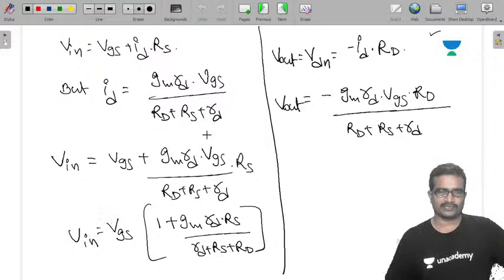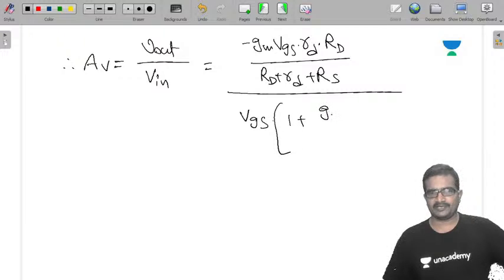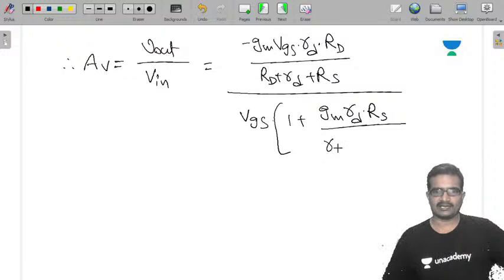Similarly, from this, the input is VGS into 1 plus gm into small rd into RS by small rd plus capital RD plus RS. So this is the value.